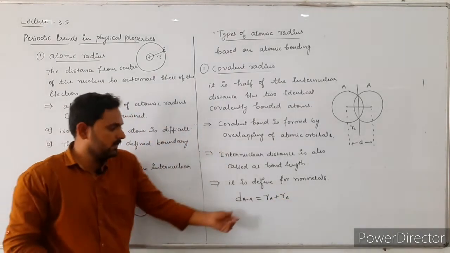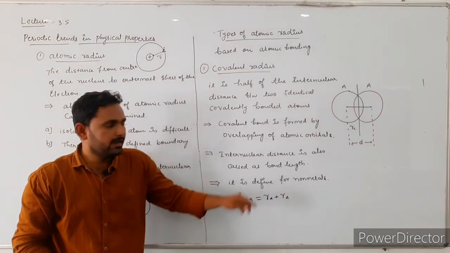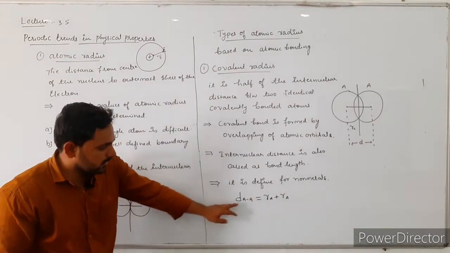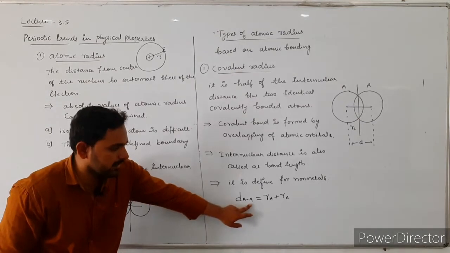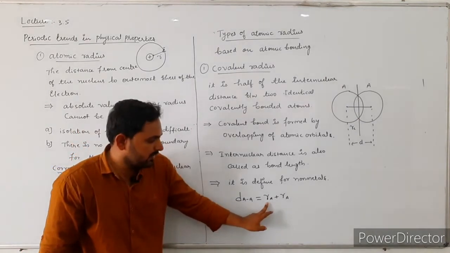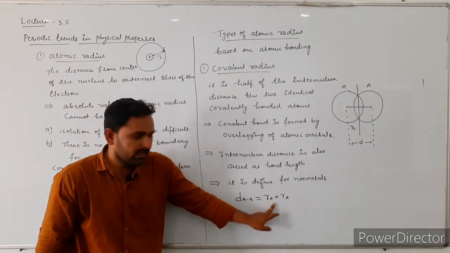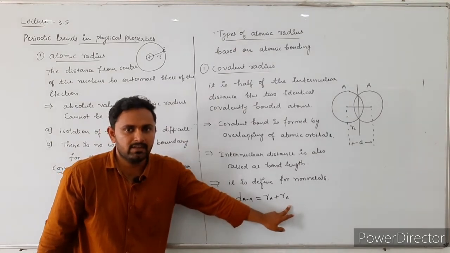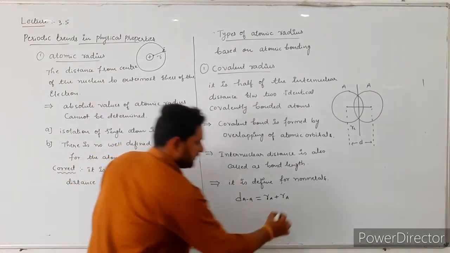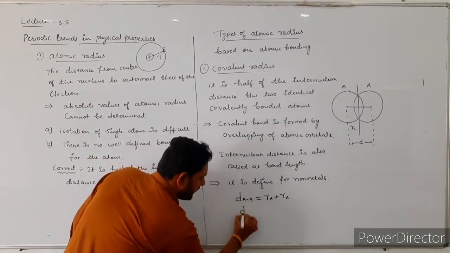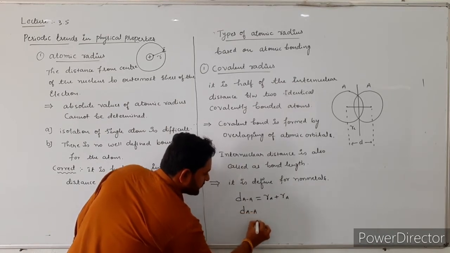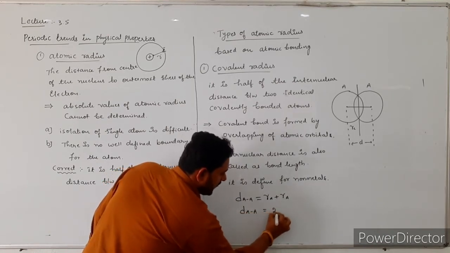The internuclear distance between two identical atoms is equal to the radius of A plus the radius of another A atom.